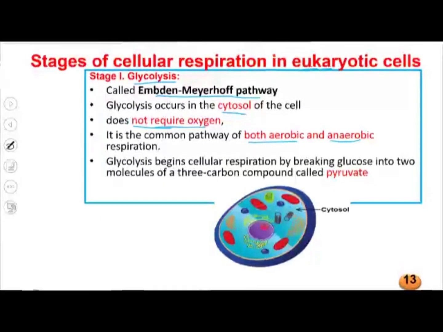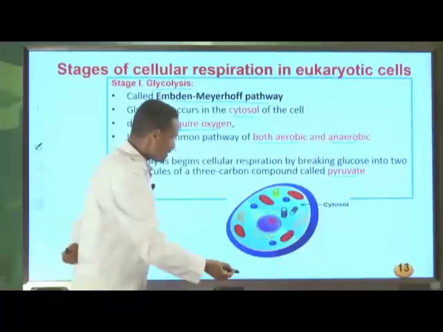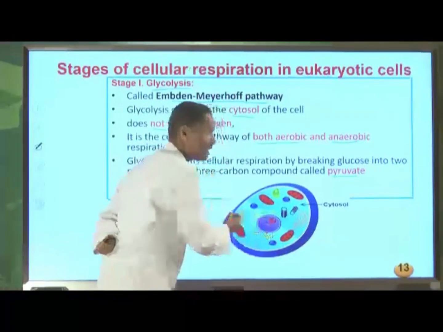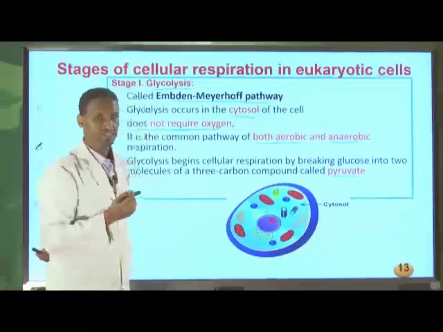Here, glycolysis begins cellular respiration by breaking glucose down into 2 molecules of a 3-carbon compound called pyruvate. This shows the cellular structure of eukaryotic cells.